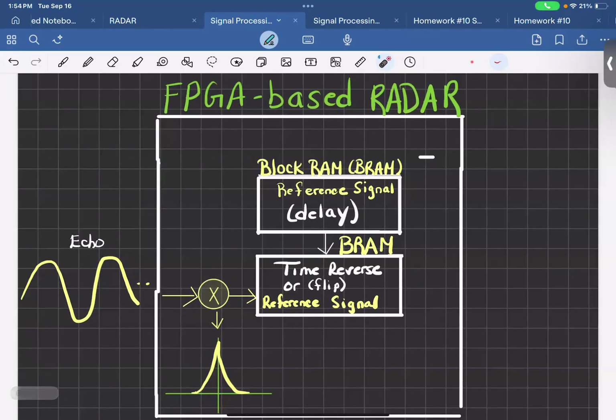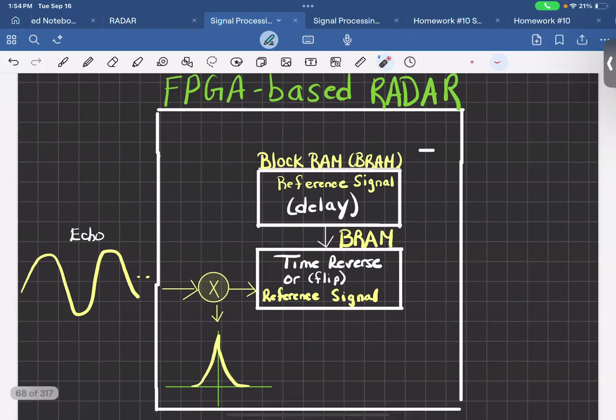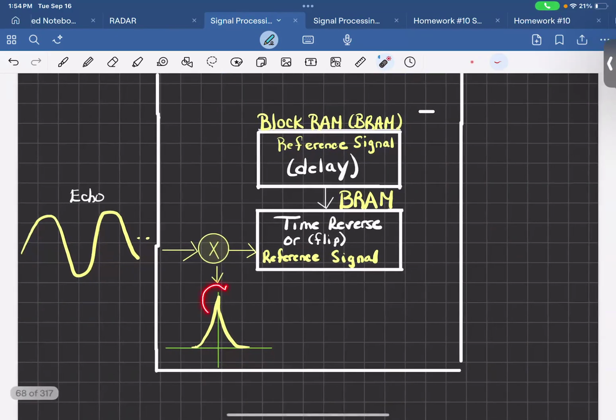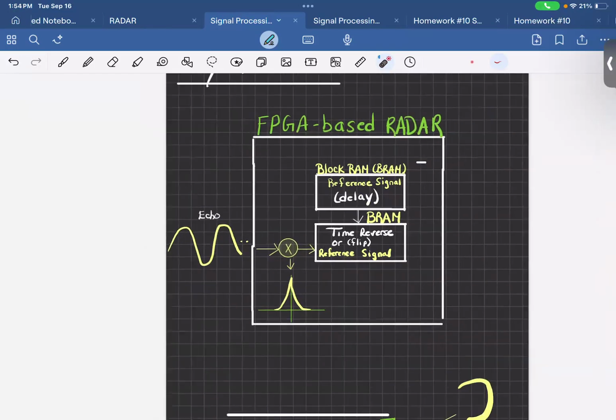Summing these products over the signal duration produces a sharp correlation peak whenever the incoming signal matches the stored signal, a fundamental operation in real-time signal processing.